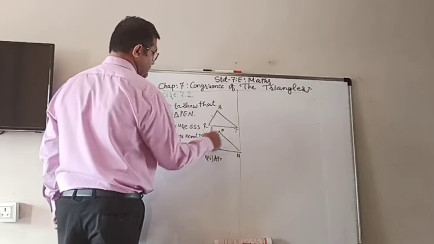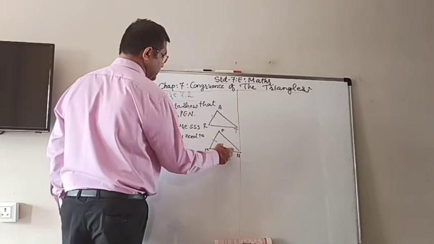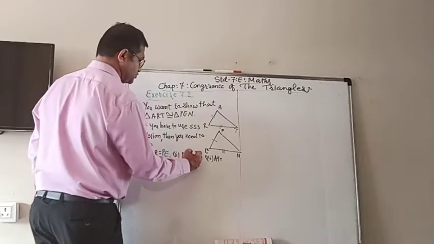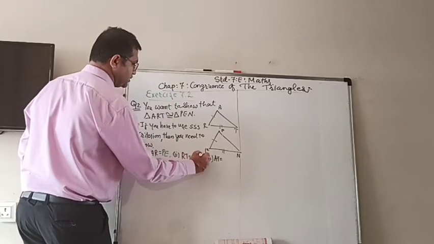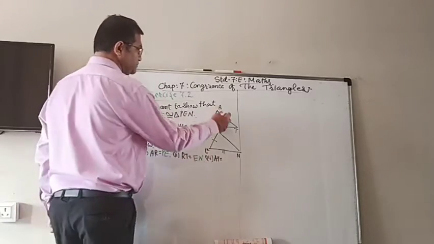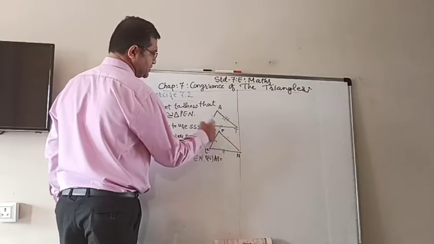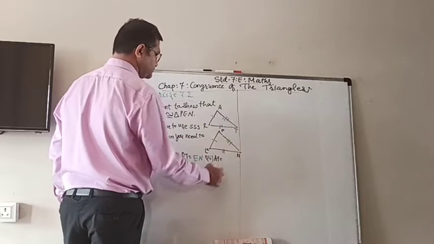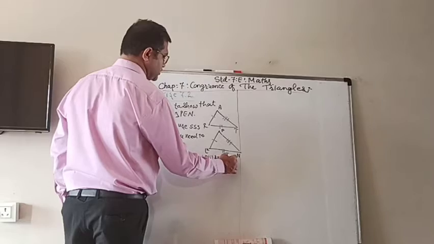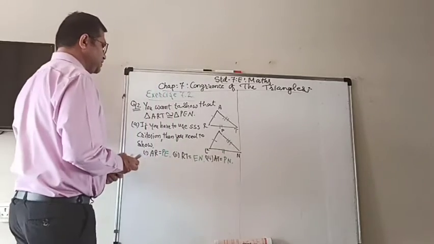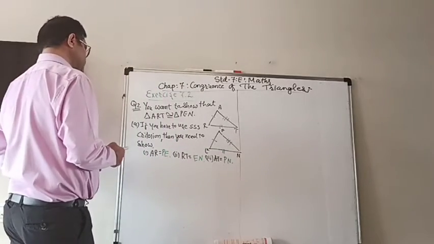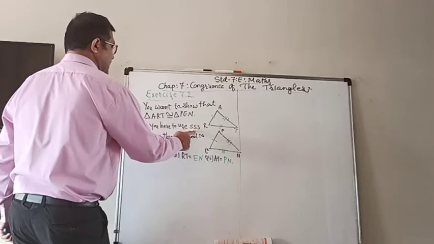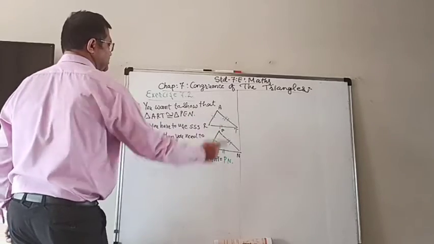RT must be equal to EN. So RT is equal to EN, and AT must be equal to PN. So your answer is AT equals PN, because we have to use SSS, side criteria.